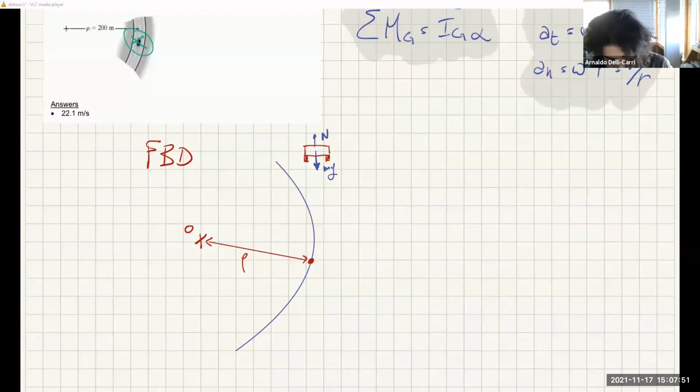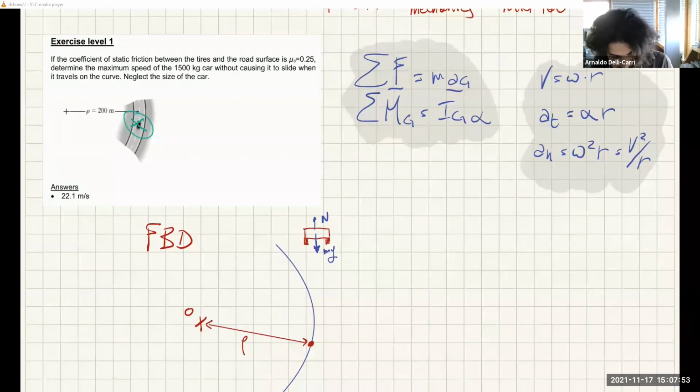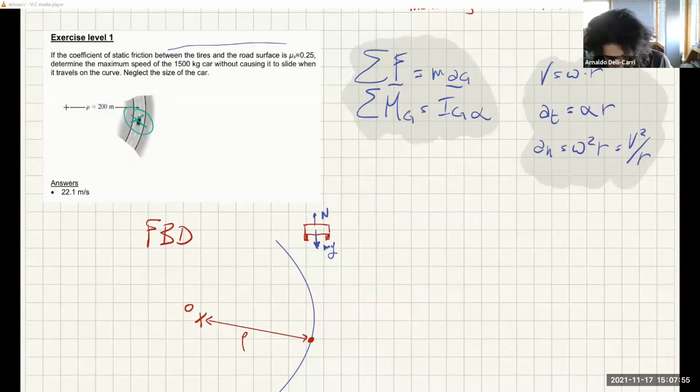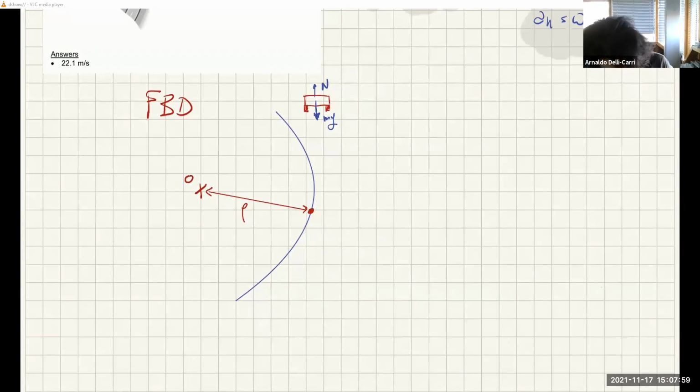Well, of course, you know that the friction force on the tires is the force that makes the car turn. Now, that's the most important thing. This is the friction force from the tires. And that's the only force that is allowing the car to actually turn.